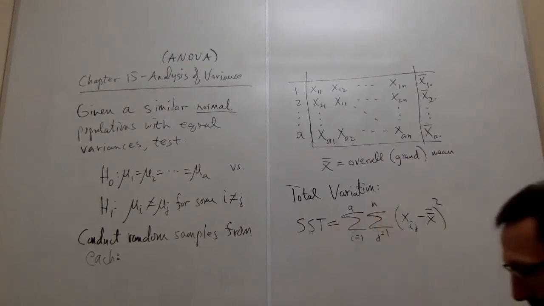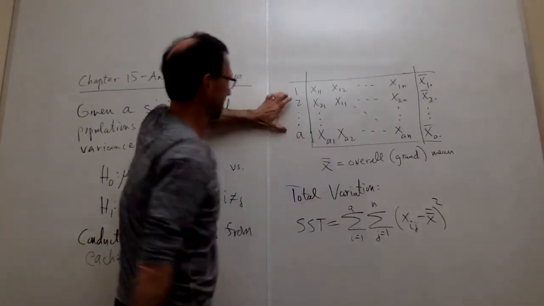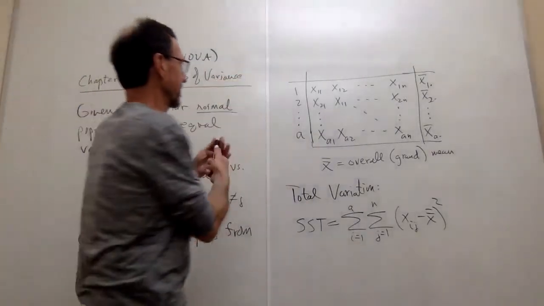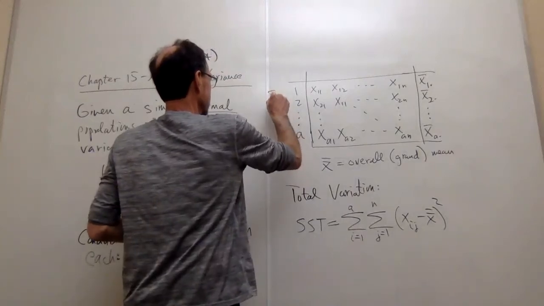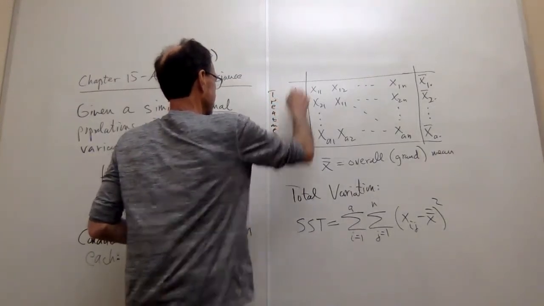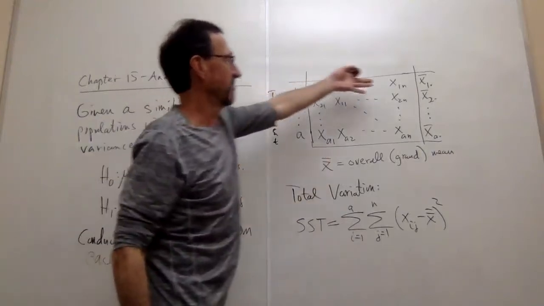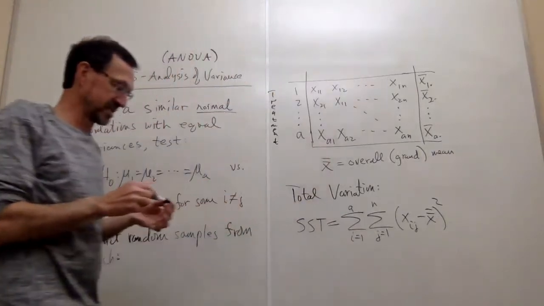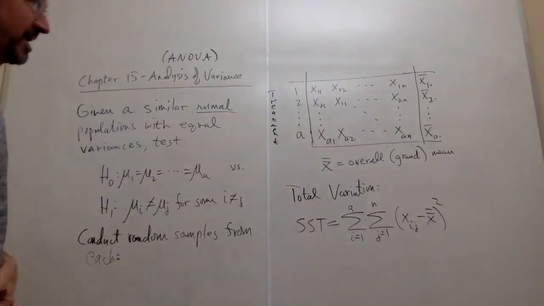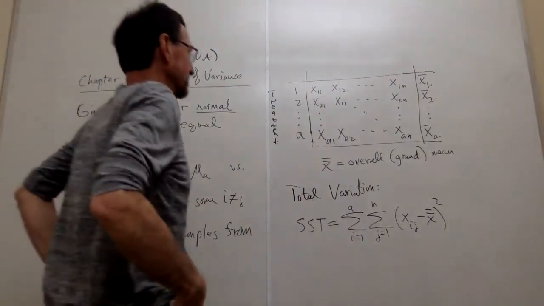So we go out, we sample all of our populations, and we get this nice array of sample data. We could call the rows here our treatments, populations. A of them, we sample, we get n of them from each sample. You can see, assuming the same sample size, we get this nice, tidy array of values.